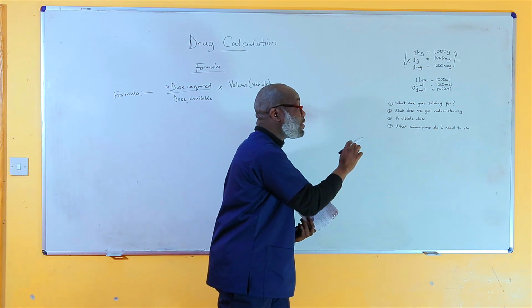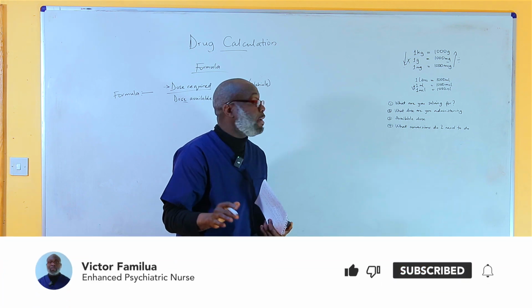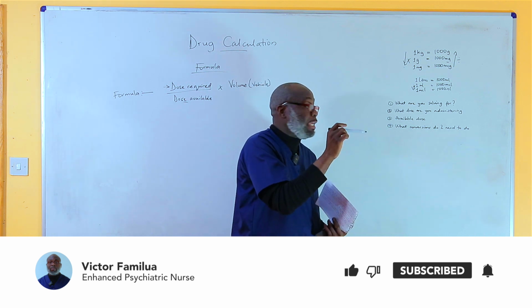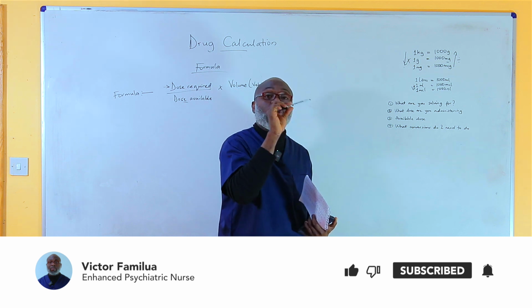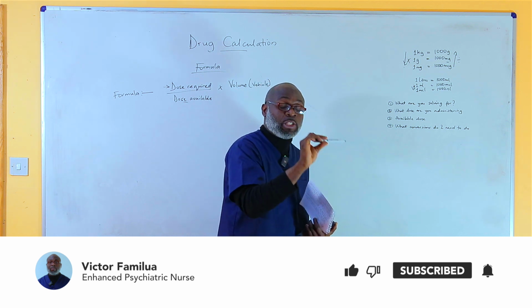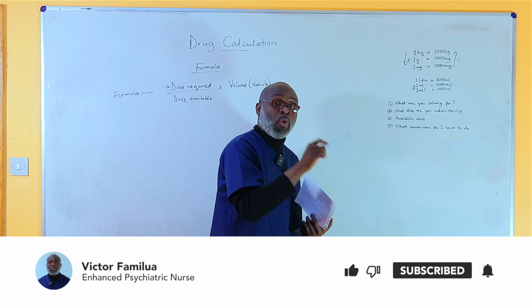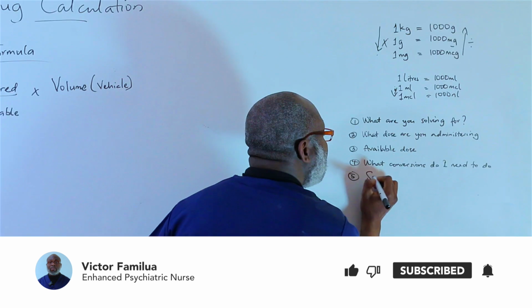If you don't convert, then definitely you might get the answer wrong. Sometimes you see more than one unit of mass or unit of volume in the question, so you need to convert one to the other before you can get the answer right. Then number 5 is just solve.